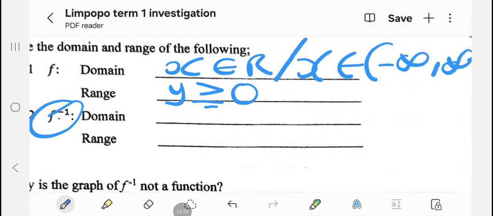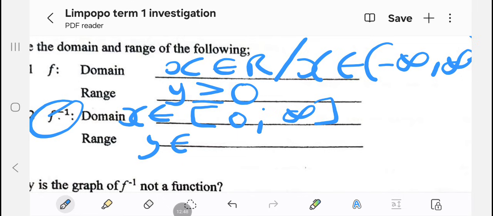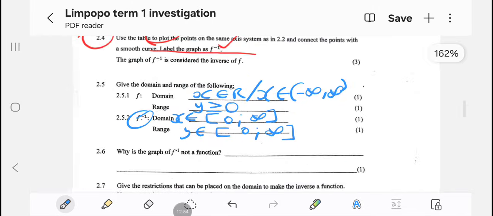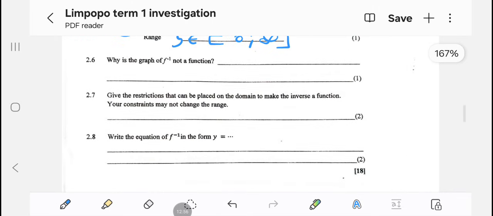So the domain includes 0 and positive infinity, because the inverse started from 0 here. And then the range is also 0 to infinity, just like that.